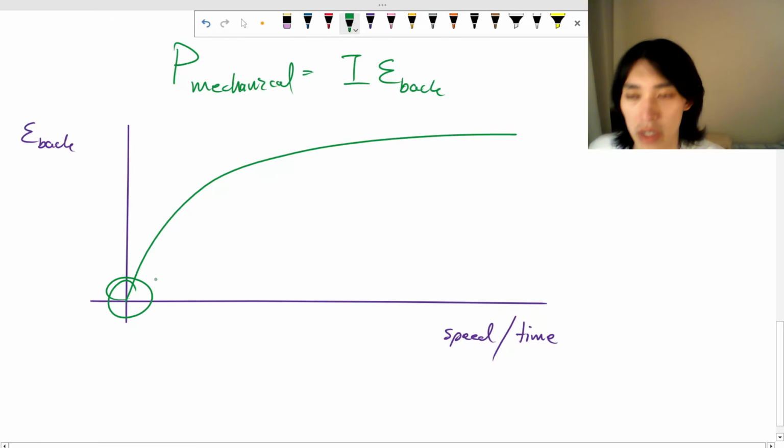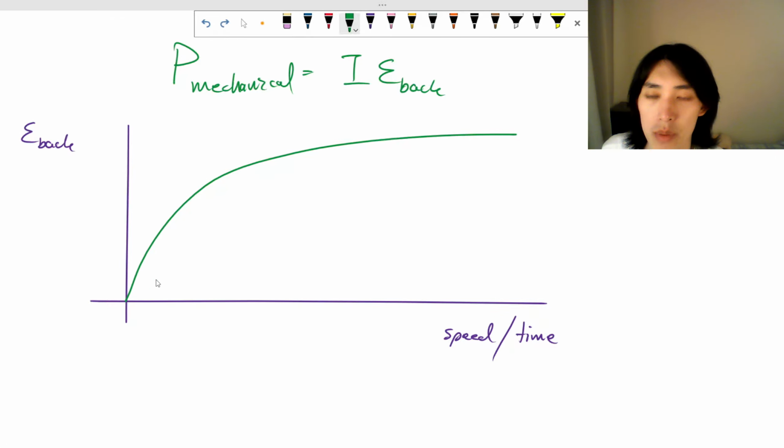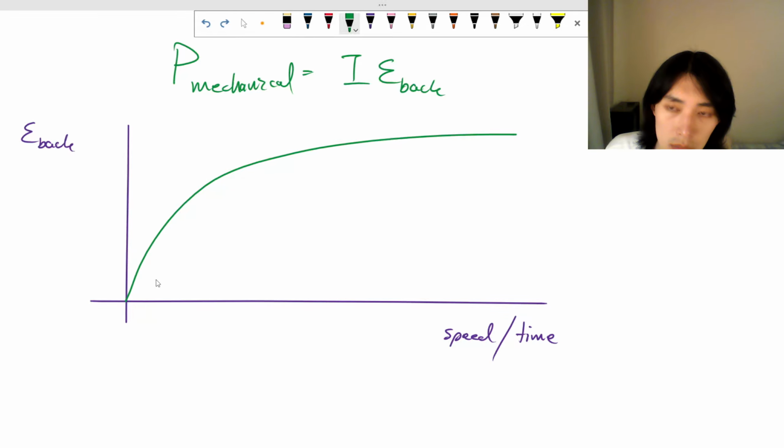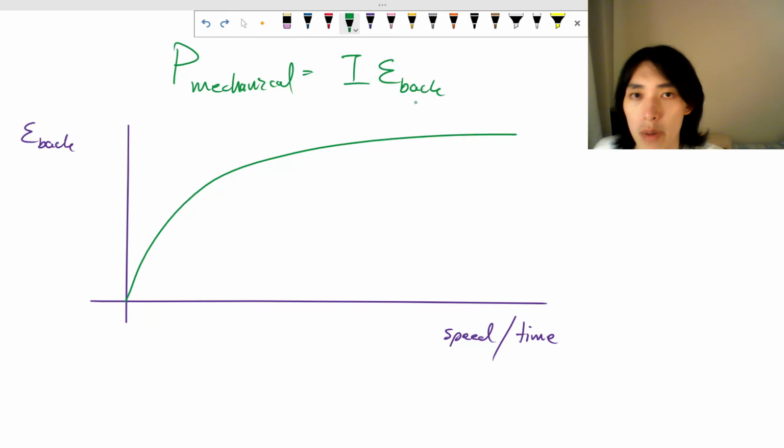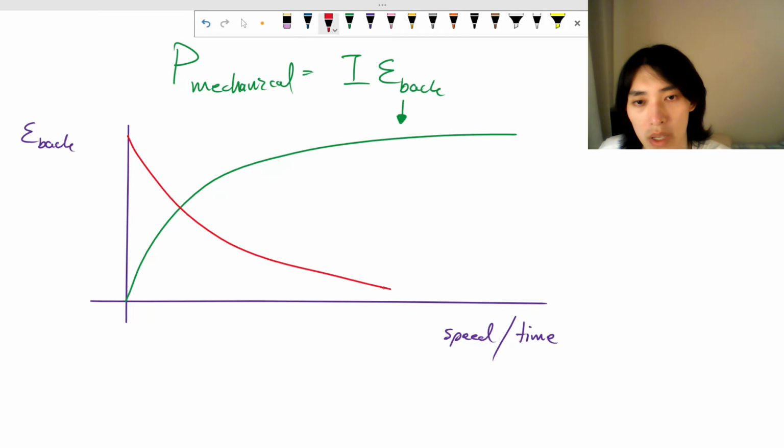So initially, our back EMF would be really small because our motor is not moving very much, right? And because it's not moving very much, our back EMF would be really small. But if we consider our current, let's also draw our current. Our current would look like this. This is our current. This is our back EMF.